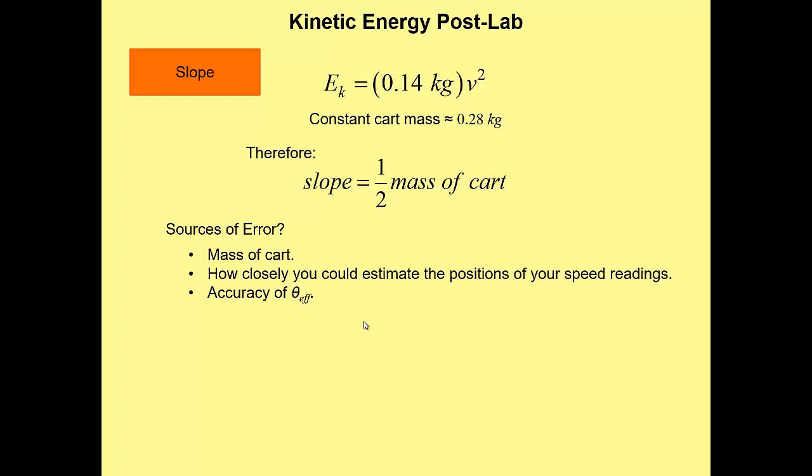And so that was probably a big place where error took place, how accurate your effective angle was. But again, that's why we do this multiple times with multiple groups, and that's why it's great to average that all out, because really, on average, your slope was half the mass of your cart.